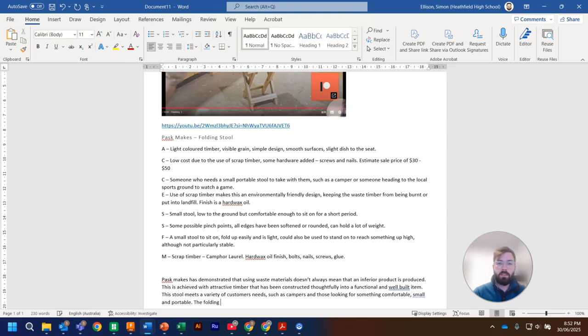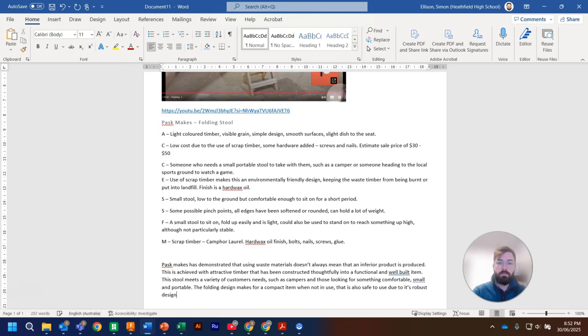The folding design makes for a compact item when not in use. What else might I say here? That is also safe to use due to its robust design.